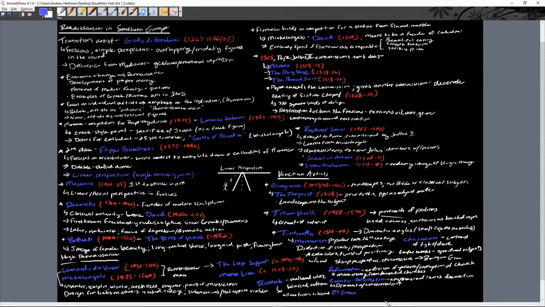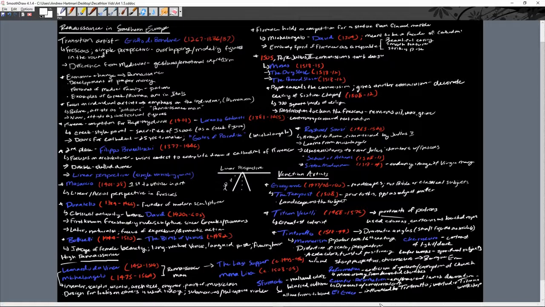And so El Greco is influenced heavily by Tintoretto and his use of chiaroscuro and those Mannerist styles. He worked with Titian. He worked in Titian's workshop for a while as well.